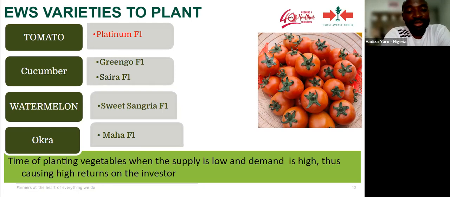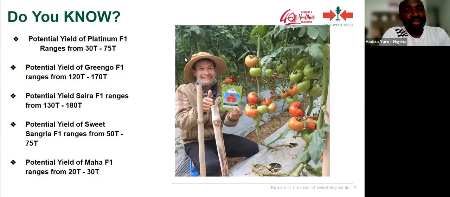So the next slide we'll be looking at is just like raising our eyebrows to this. For tomato, I'm taking it crop by crop. For tomatoes, in this dry season, I can assure you when you plant Platinum F1, the potential yield ranges from 30 tons to 75 tons.